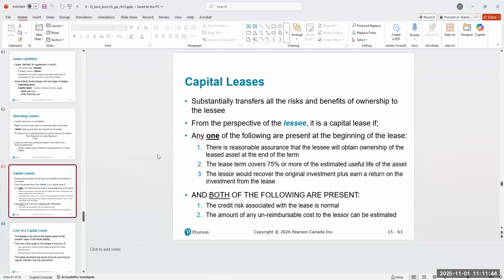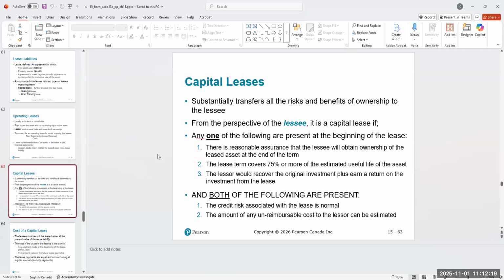The third one: the lessor would recover the original investment plus earn a return on the investment from the lessee. Basically what that means is, if the asset is worth $50,000, and there's no reasonable assurance that the asset will stay in the hands of the lessee, and we're using the asset only for 7 years out of a 10-year useful life.